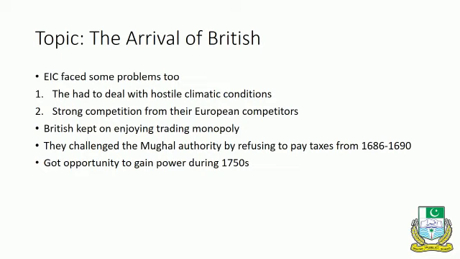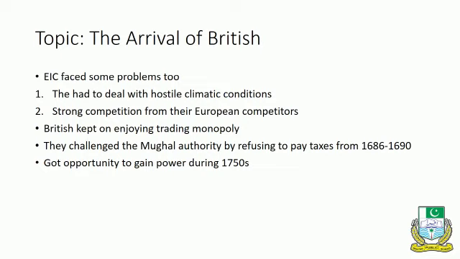From 1686 to 1690, the EIC kept on challenging the authority of the Mughal Emperor Aurangzeb by refusing to pay taxes. However, after a few skirmishes, meaning fights, wars, Aurangzeb was able to defeat EIC and made them pay huge fines.